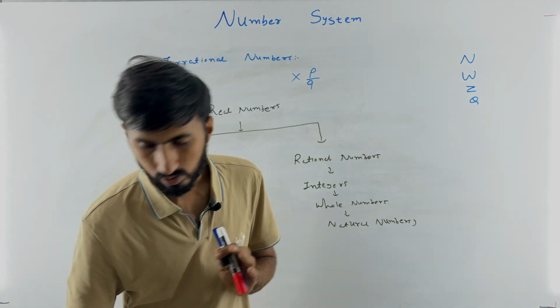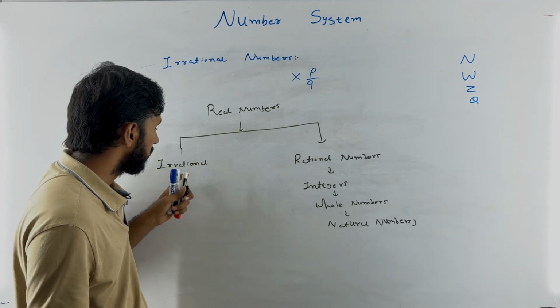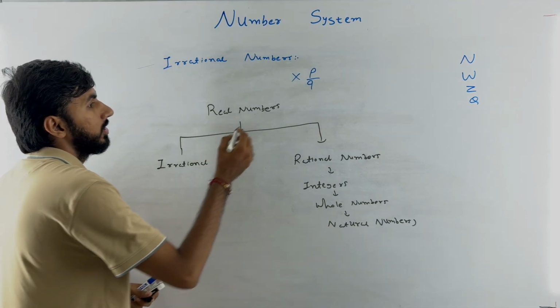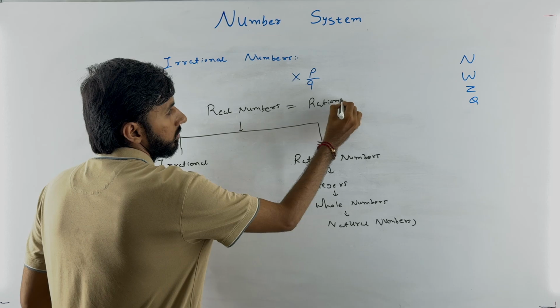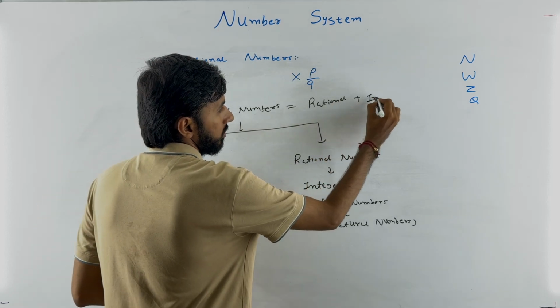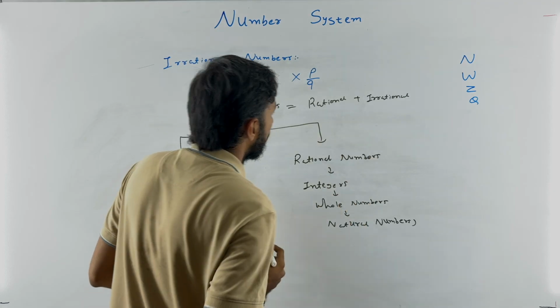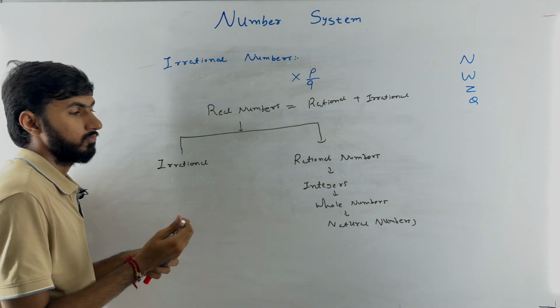For real numbers, you have to remember just two things: it is the combination of all the rational numbers and irrational numbers, right? So I can write real numbers equal to rational numbers plus irrational numbers, right?